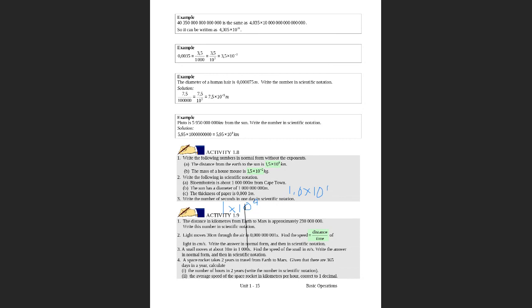Sorry, we went 1, 2, 3, 4. So times 10 to the power negative 4, because the original comma is to the left. Next one says that write the number of seconds in 1 day in scientific notation.